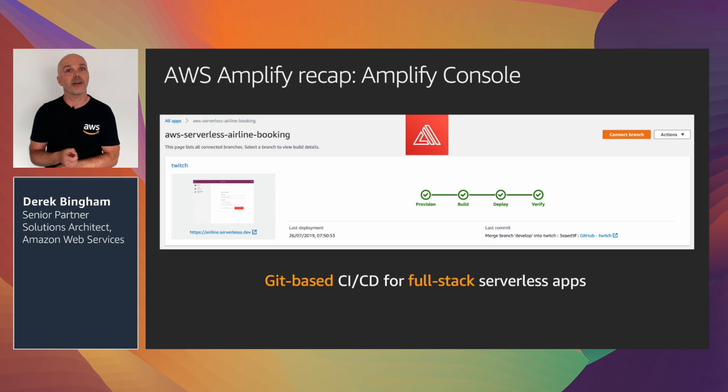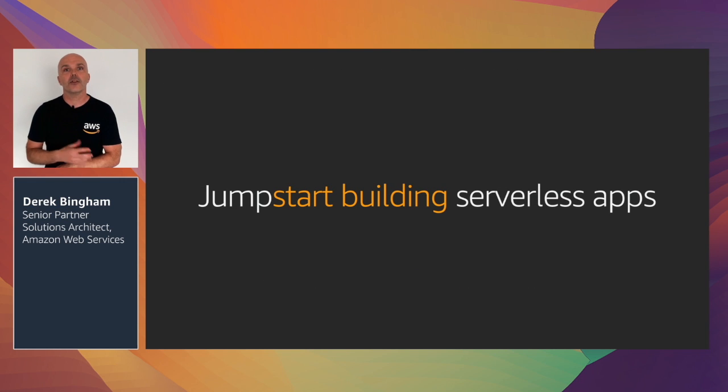We can hook up Amplify Console to an existing GitHub source code repository, for example, or we can use other source code repositories, whichever ones you're building your application in. As you can see, the toolset is quite diverse, but it abstracts the detail away from the developer, so it helps you build your applications and serverless applications faster, a jumpstart in a way.